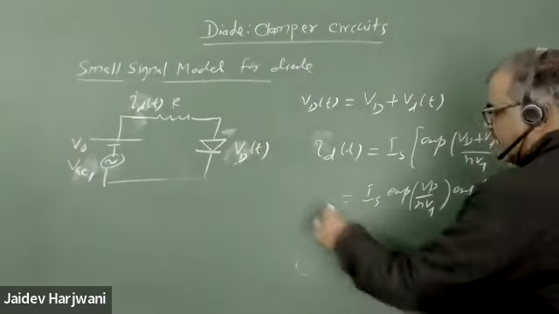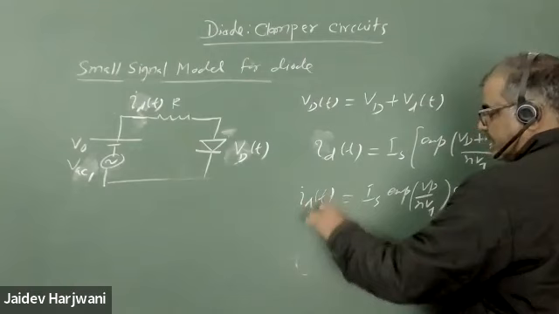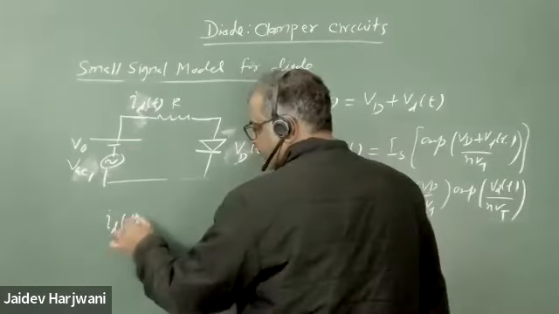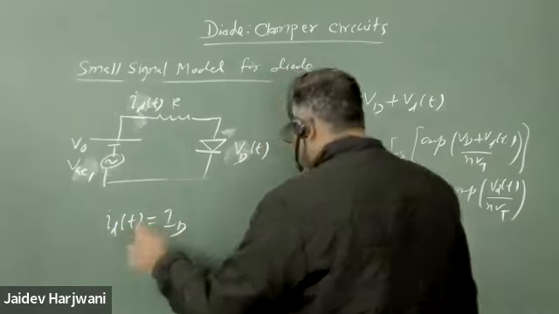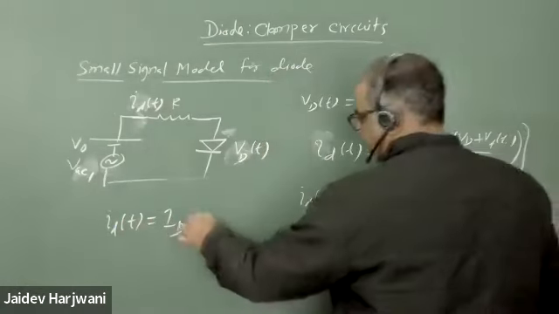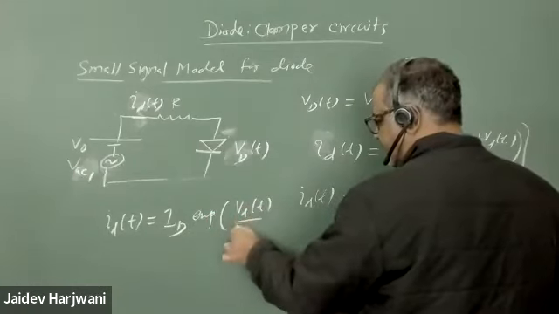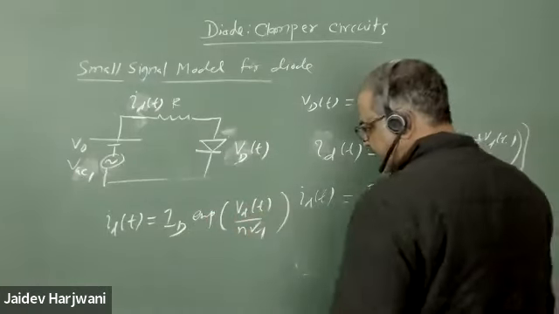Now, this small change current i_D(t) will become I_D times exponential of small v_d(t) upon eta V_T.